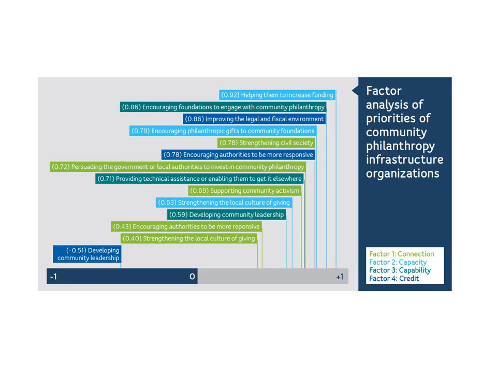If you look at the diagram that should be on your screen now, just look at the blue lines. At the top, you've got 0.92, helping them to increase funding. The next blue line down is 0.79, encouraging philanthropic gifts to community foundations. The next blue one is strengthening the local culture of giving.